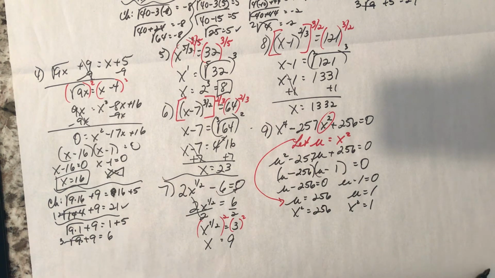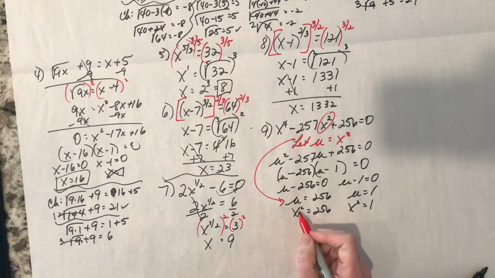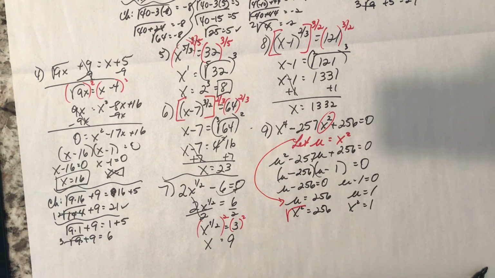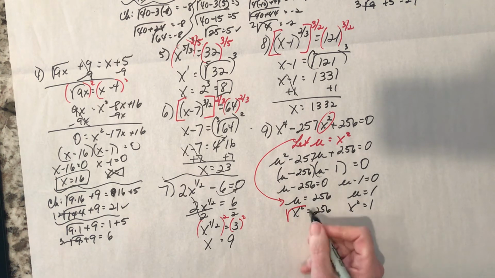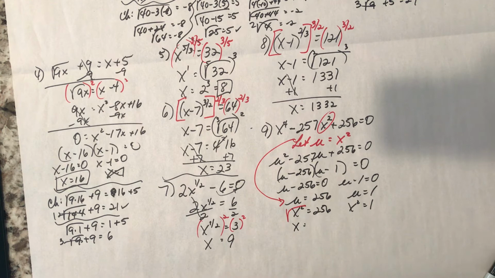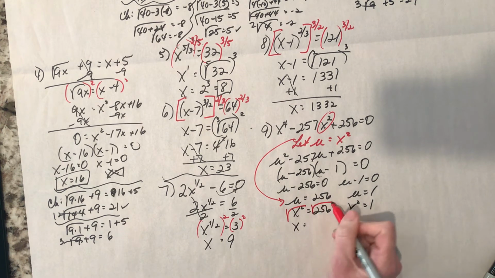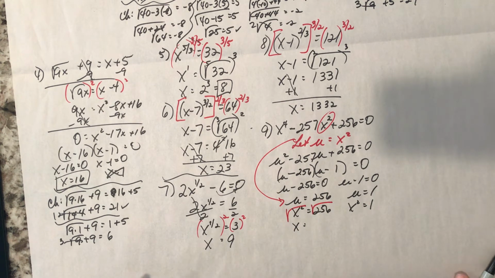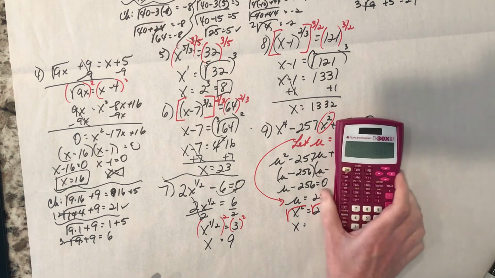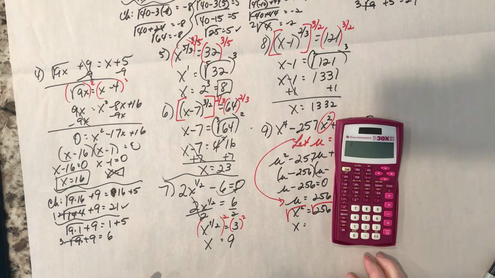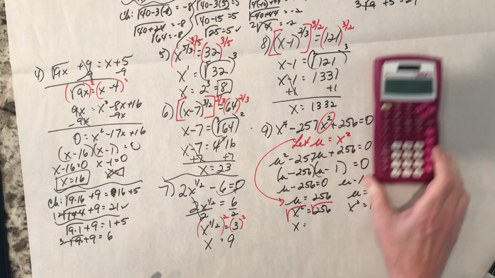And now, like you've been doing a couple of problems here, if you've got an x squared, take the square root of that side. Squaring and unsquaring cancel each other out, and we get x. But if you take the square root of one side of the equation, you have to take the square root of both sides of the equation. Let's figure out what the square root of 256 is. Get 16 there.